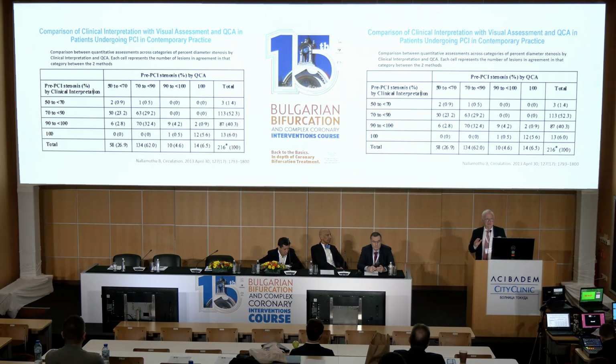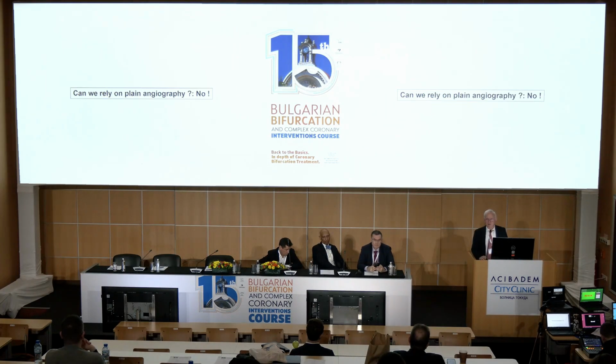So QCA gives a better analysis of the percentage of stenosis compared with your eyes. And we did this experimentation also, I remember, in a bifurcation club. Patrick Sorois brought some images, and we reproduced absolutely the same. We see the lesion tighter than it really is. So can we rely on plain angiography, only using your eyes?